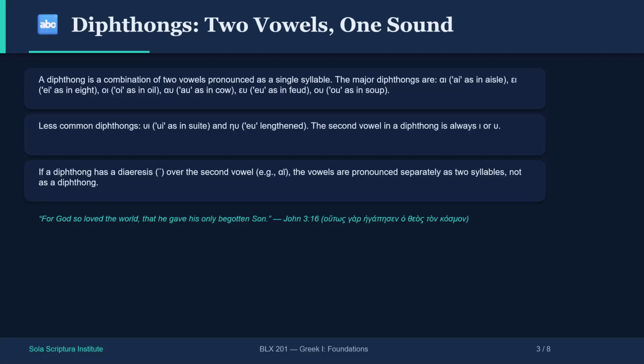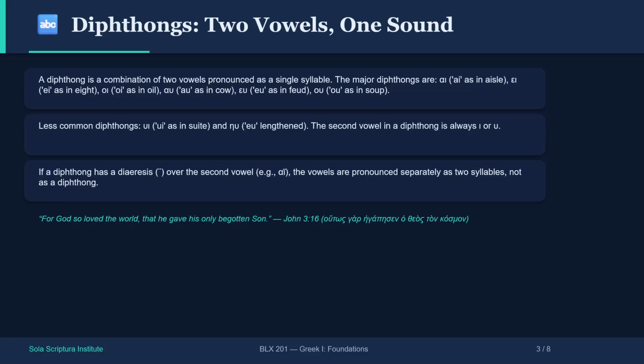I don't like the previous choice, but I rather like AU, as in cow. I guess what the books go for is this ow, you know. But anyhow, EU as in feud, OU as in soup, you know. I changed that one to soup. So those are the diphthongs.